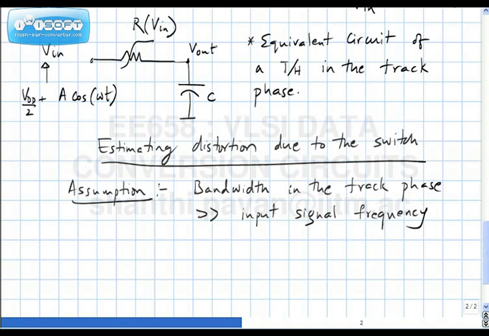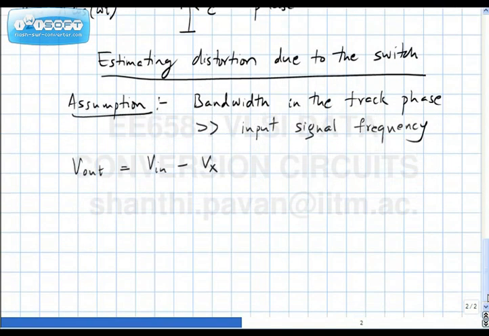We are interested in calculating distortion. So this is V out, and let me call this say Vx. Clearly V out is nothing but V in minus Vx. So if we make the assumption that the bandwidth in the track phase is much larger than the input signal frequency, it just means that the voltage drop across the switch is much smaller.